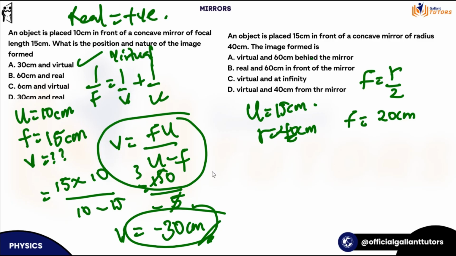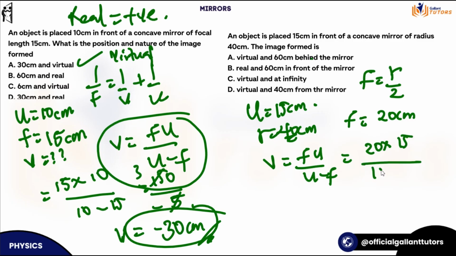Okay, so what are we looking for? The characteristic of the image formed. So V is equal to FU over U minus F. What's our F? 20. What's our U? 15. So 15 minus 20.